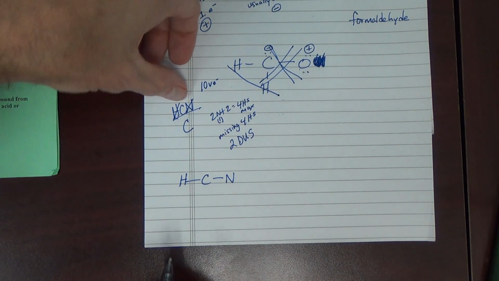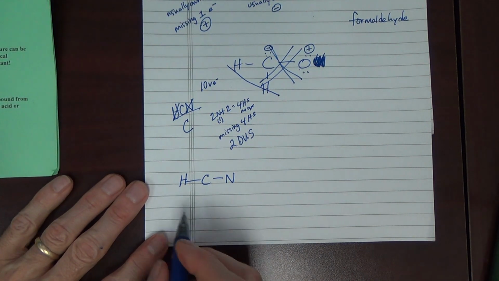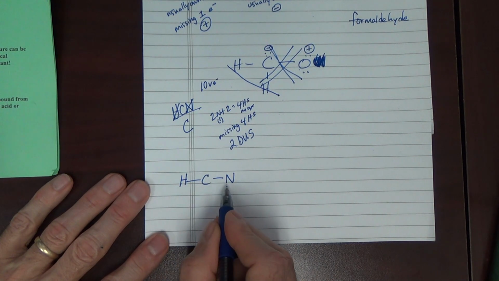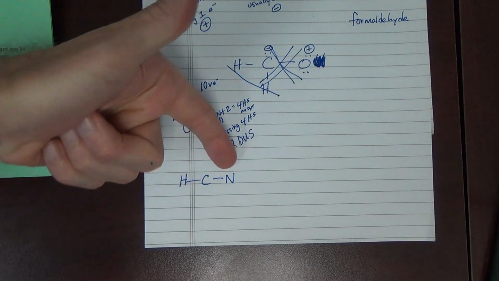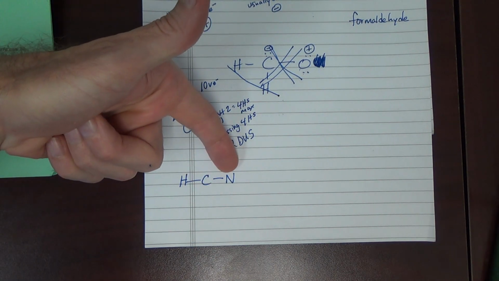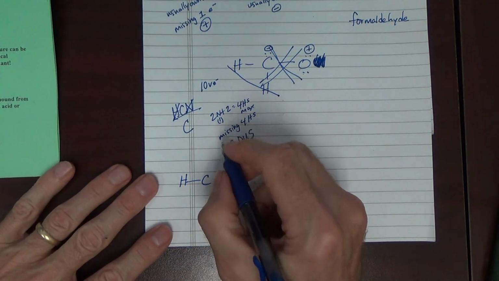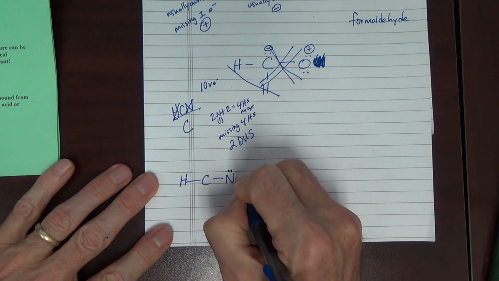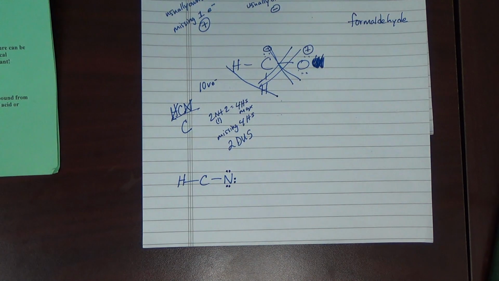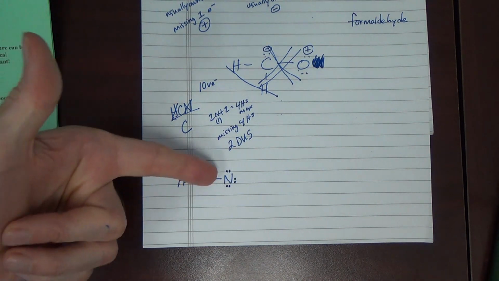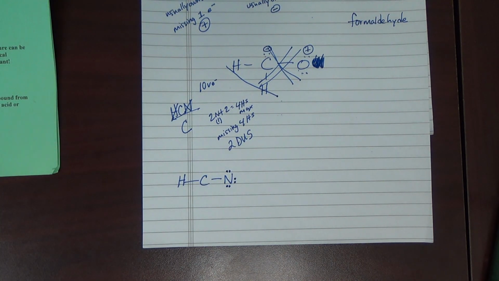I have 4 here. We can't put any more bonds to atoms, but we can put lone pairs. As I suggested up top, let's fill the valence of the more electronegative atom, nitrogen, first with lone pairs. 1 lone pair, 2 lone pairs, and 3 lone pairs, for a total of 2, 4, 6, 8, 10 valence electrons.